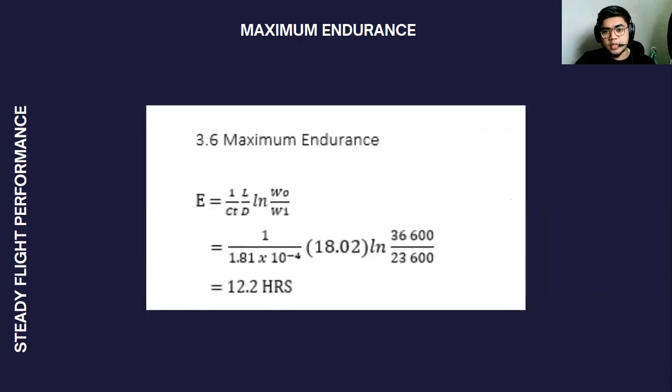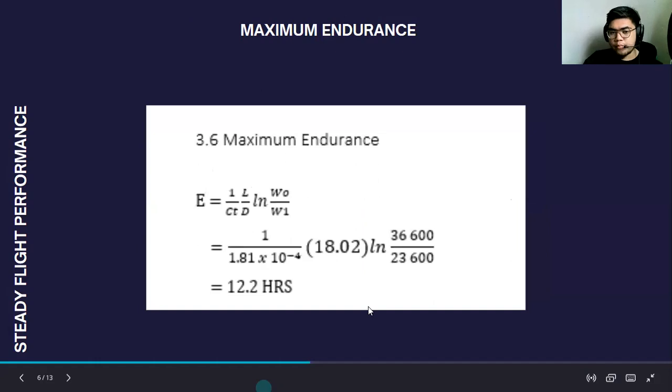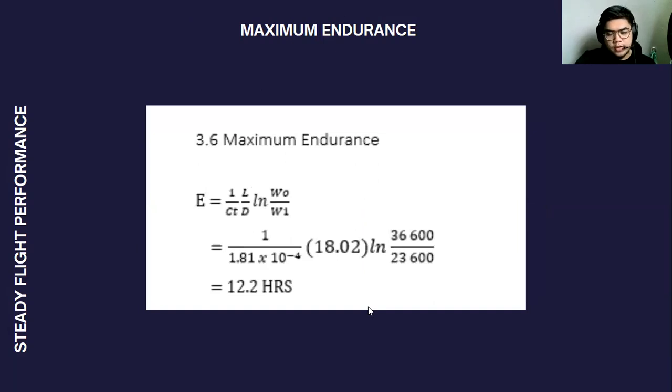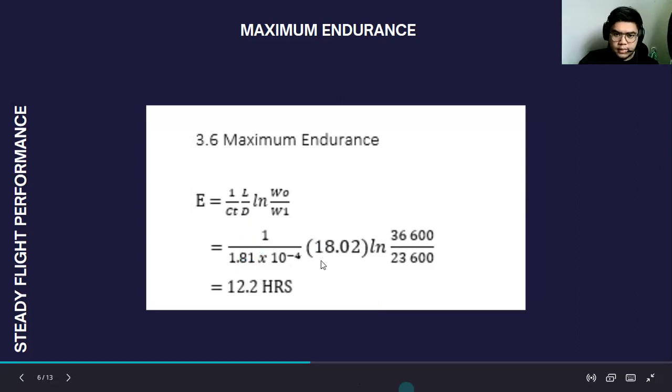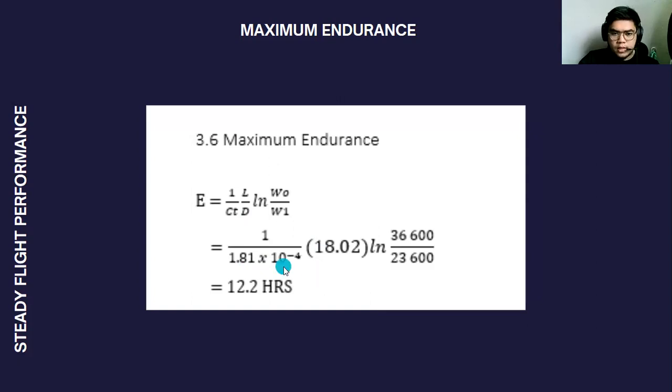Next, for the maximum endurance, I get 12.2 hours, and my CT for this graph is basically 1.81 multiplied by 10 to the power of -4. This is in units of pound per Newton per second.